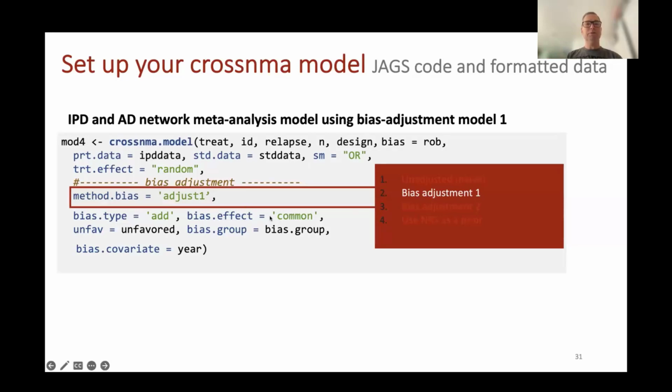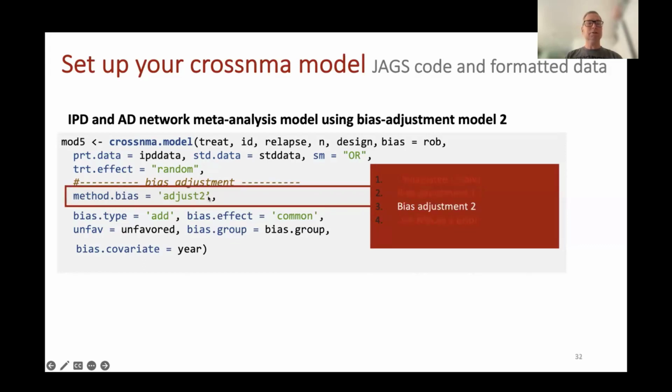Whether we would like to assume that the bias effect follows a common or random effects model, which treatments are unfavorable, and so on. And we can also have an additional covariate in the model to model the bias. And the other method is basically, so the next one, just switching here from adjust 1 to adjust 2.